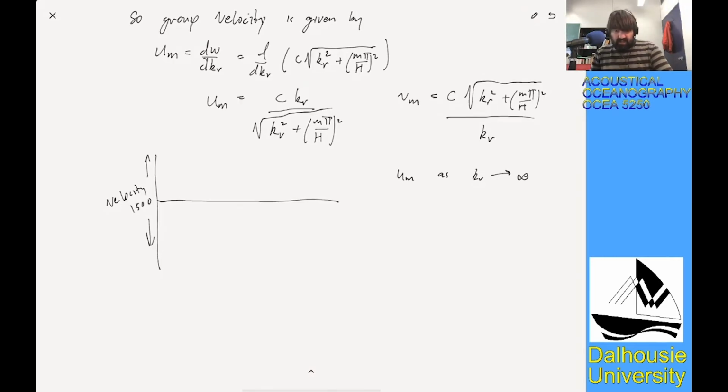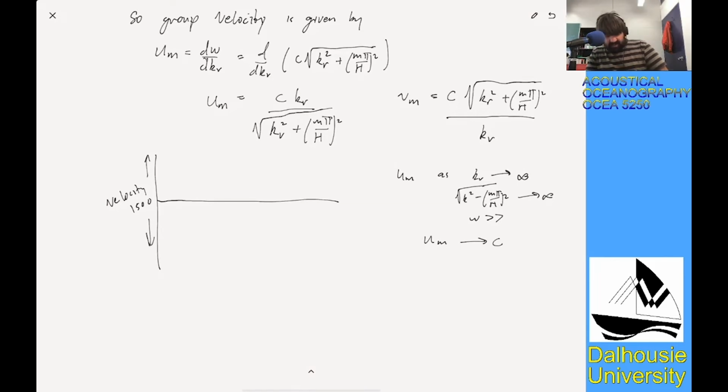Well, as kr gets very large, we're talking about k squared minus m pi over h squared getting large, and k squared is really related to frequency. So we're basically talking about large frequency. Looking at the expression, you have a kr on top and a kr squared on the bottom, so this thing is just going to go to c.